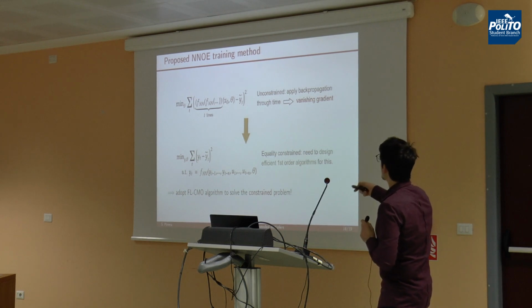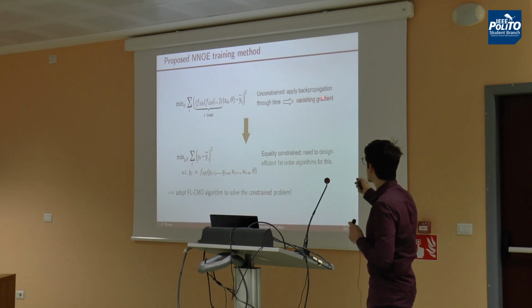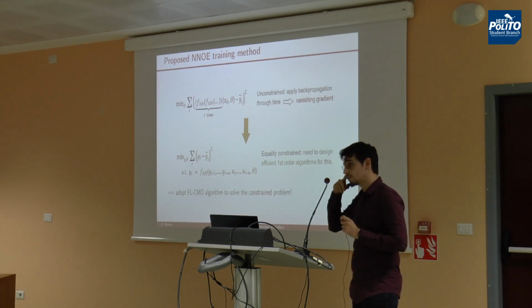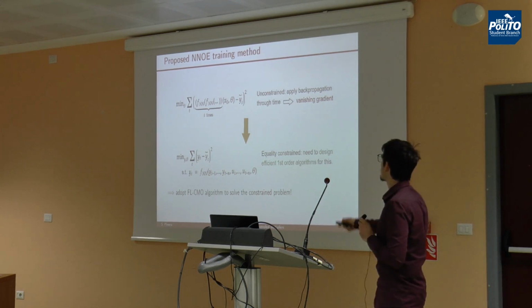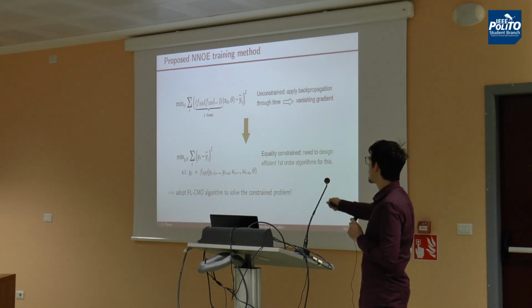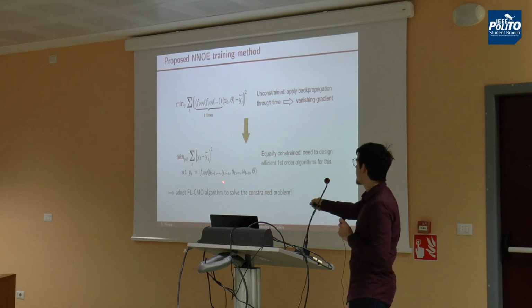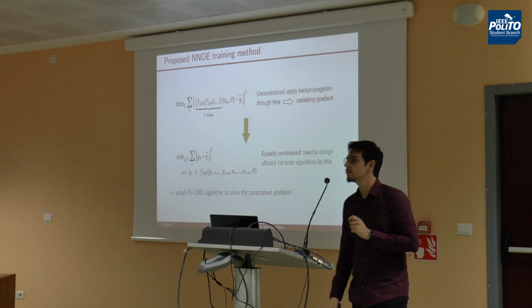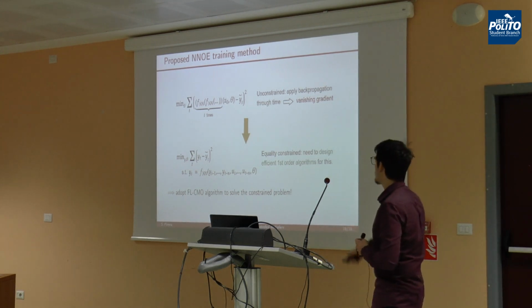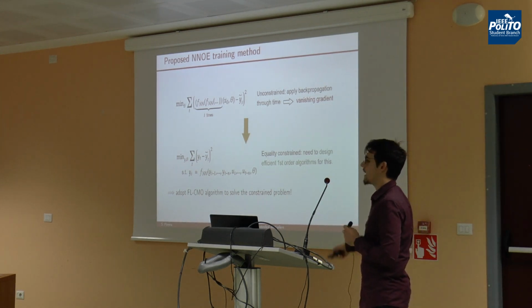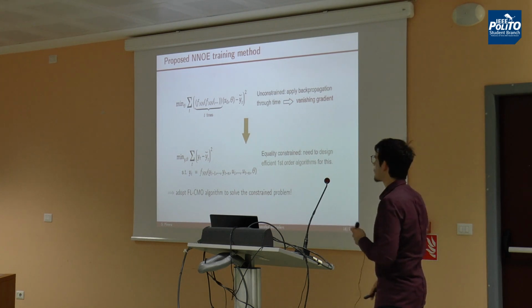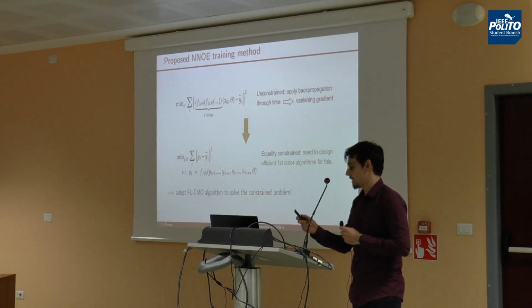In order to get rid of this problem, what we propose is reformulating the optimization problem as an equality constrained optimization problem in an augmented set of optimization variables, and then applying our feedback linearization based CMO algorithm in order to perform the training.